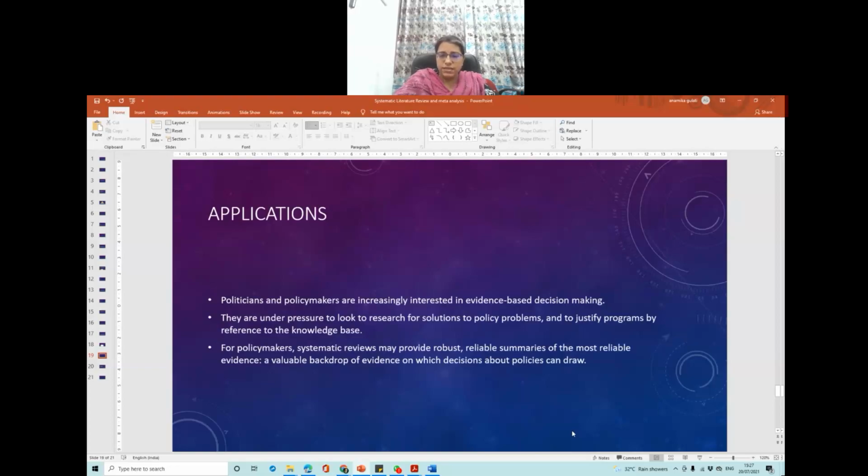Not only this, systematic reviews also support funding applications. When you are applying for any funding, you can include a systematic review in that funding proposal, and that might help you show whether your research topic has been tackled previously.